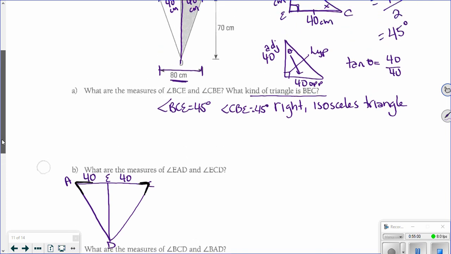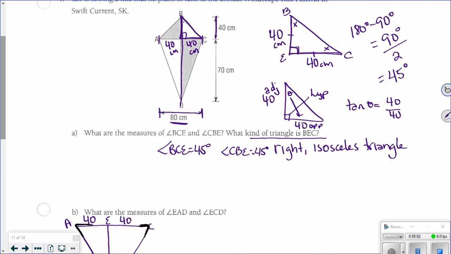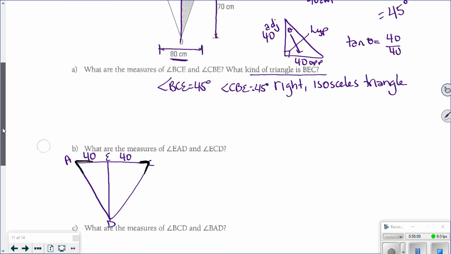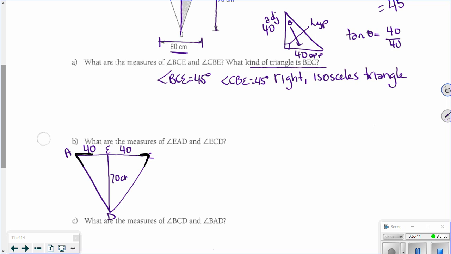If I look back at my original drawing, from the bottom to this midline, or where the AEC is, 70 centimeters, which means down here, this is also 70 centimeters. I'm looking for this angle. My final property for kites is that kites always meet at 90-degree angles. So I've got right triangles again.